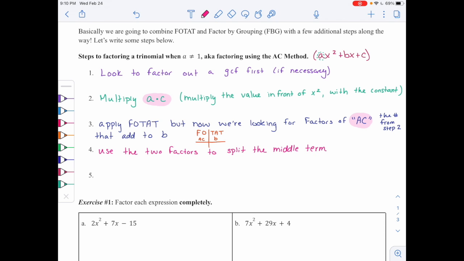So basically what that means is you're going from ax squared plus bx plus c to ax squared plus factor 1 times x plus factor 2 times x plus c. So you're creating a 4-term expression.